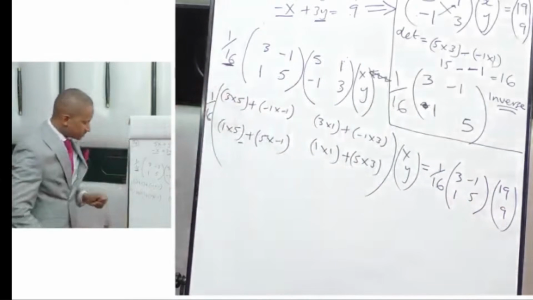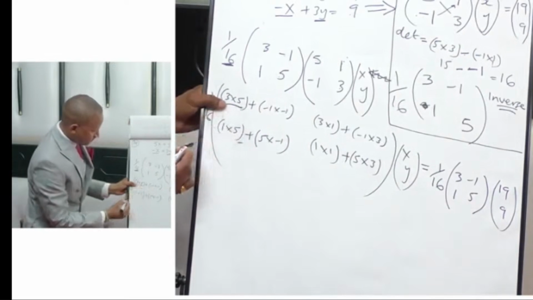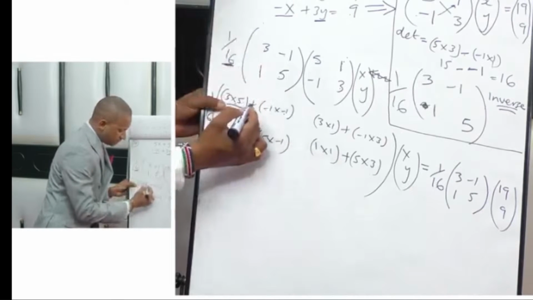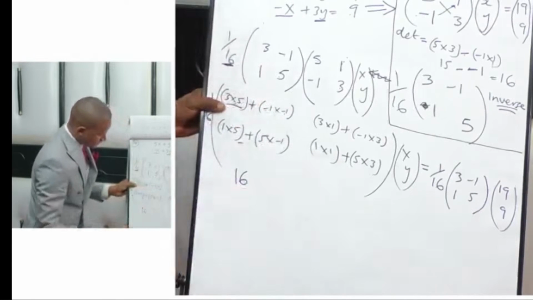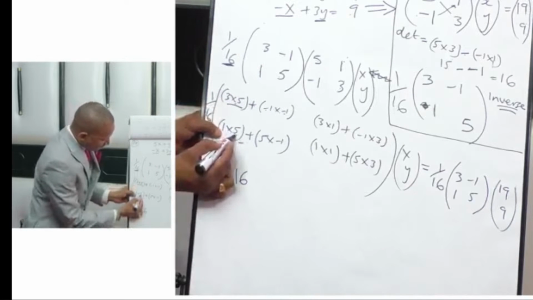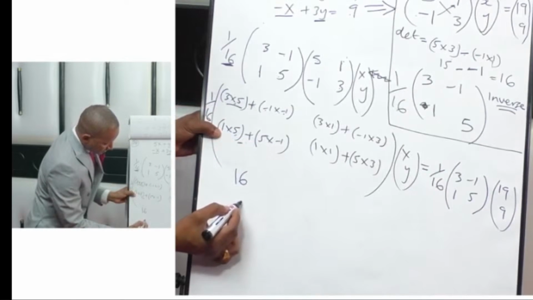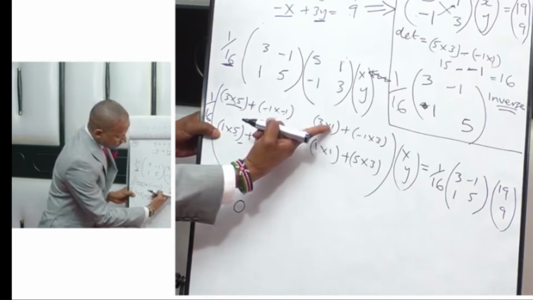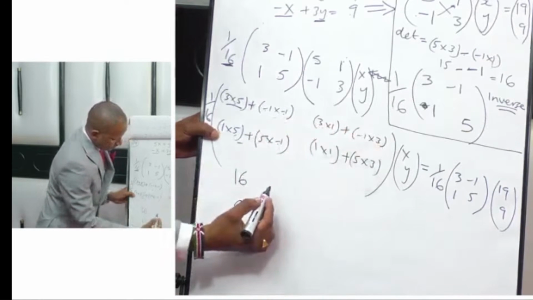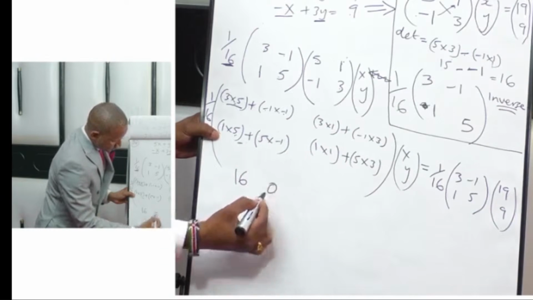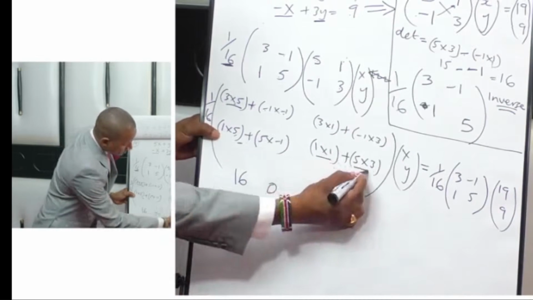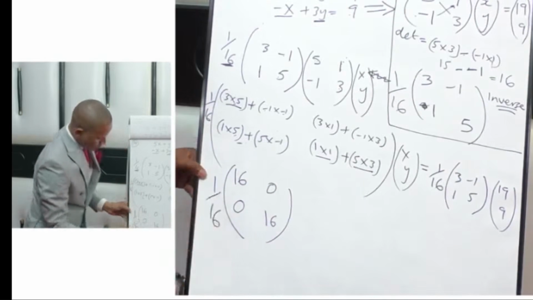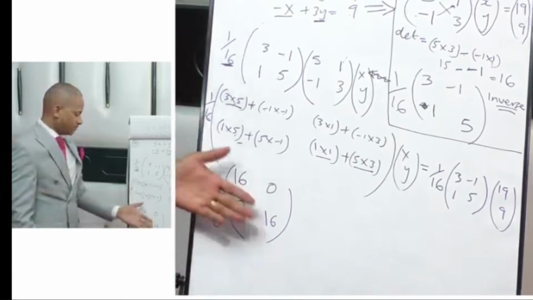So let's open this up. This is 15. 15 plus minus 1 times minus 1 is 1, so it is 15 plus 1 is 16. Then this is 5 plus minus 5, which is 0. Then this is 3 plus minus 3, which is 0. Then this is 1 plus 15, which is 16. So there's this 1 over 16 here. Remember, it is also bringing us an identity matrix.